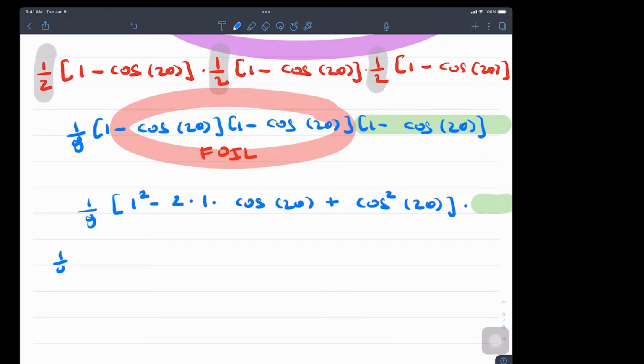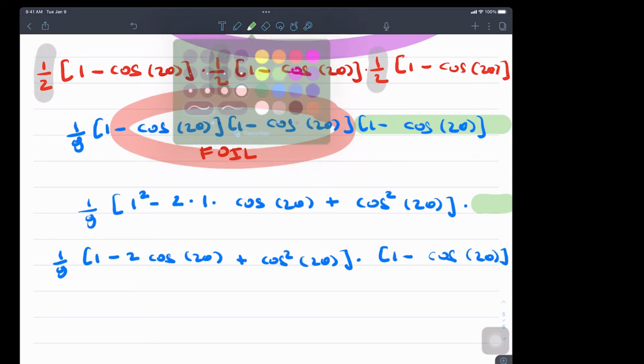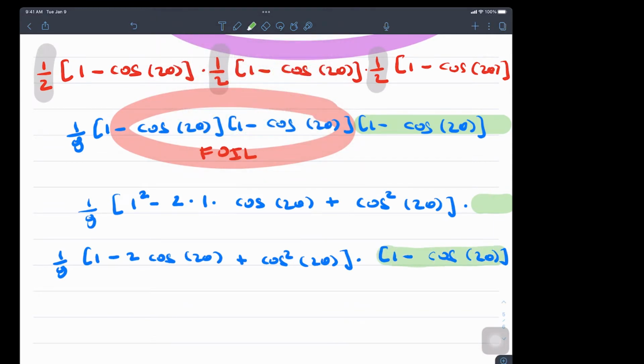So we get 1/8 times 1 minus 2 cosine double theta plus cosine squared double theta, times that green portion of 1 minus cosine double theta.